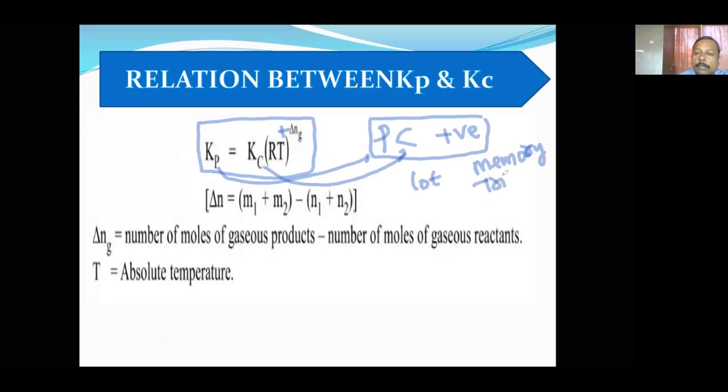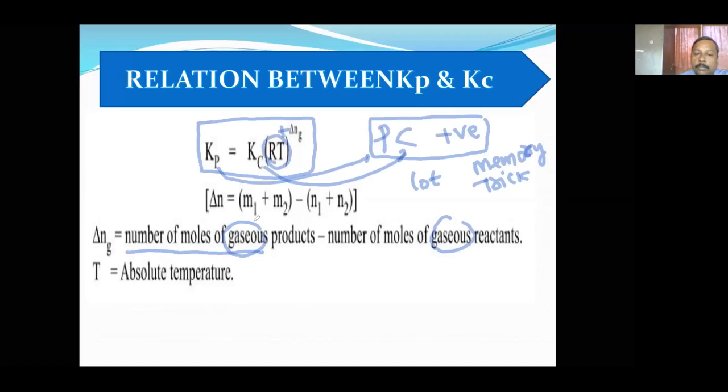P should come here, C should come here, and here it should be positive. Let them give anything, you convert it into this format. If you keep Kp here and Kc here and it is negative, that means it is wrong. So convert them into this pattern and you can compare. Then delta Ng is equal to the number of moles of gaseous products only minus the number of moles of gaseous reactants only. Why? Because we are using the gaseous equation.